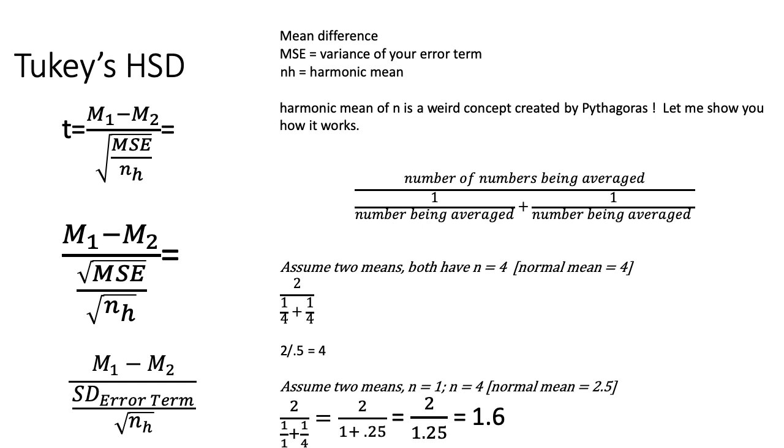Tukey's HSD, you're not going to be able to see why it works, but it's more conservative than LSD, which is just running all the t-tests, and it's way less conservative than Bonferroni's simple non-mathematical solution. So Tukey's HSD is what you should use for between subjects design. And you're like, wait, why don't we use it for within subjects design? Because it just provides too conservative of a response.